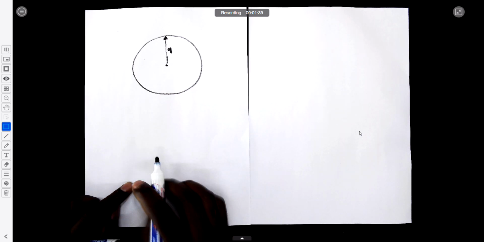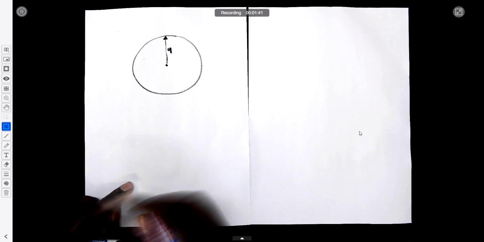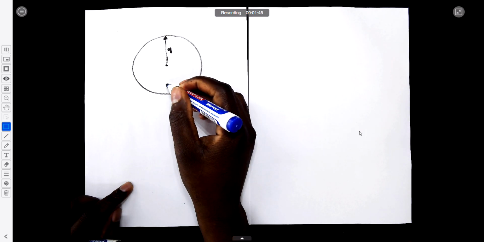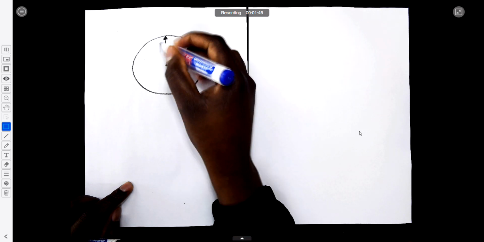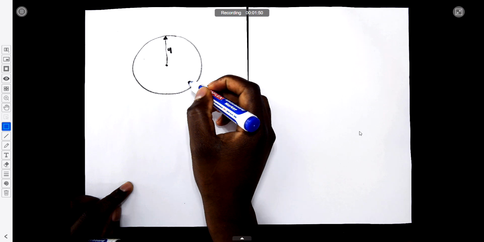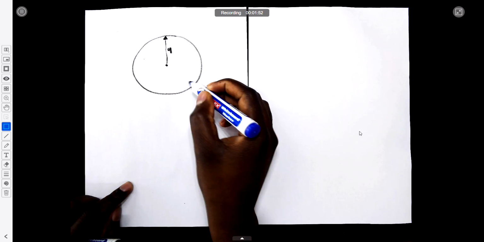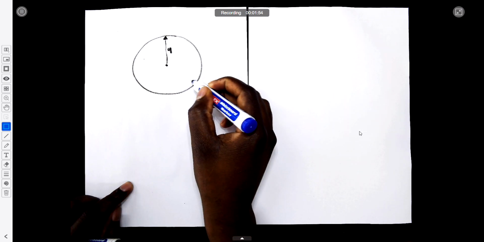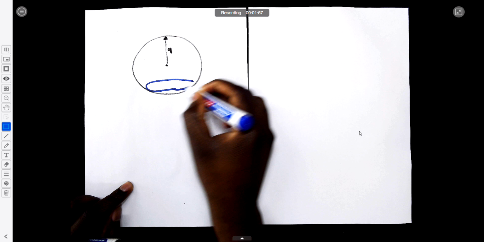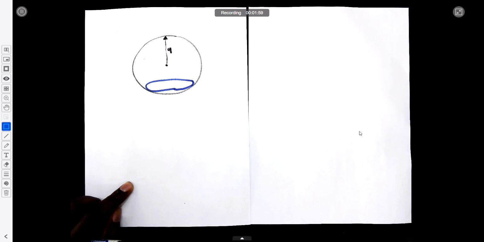So we know that we're dealing with a cone. We can draw it in many ways. So we know that a cone has its shape there. So I don't know how we can cut it, but let me mimic the picture that we have there. So let's say a cone has its own diameter there.